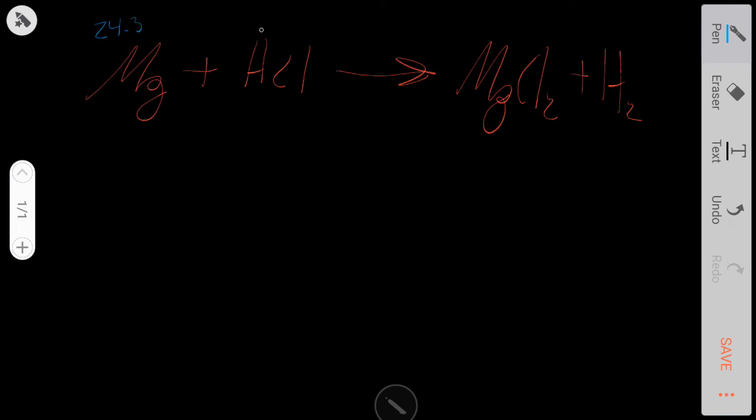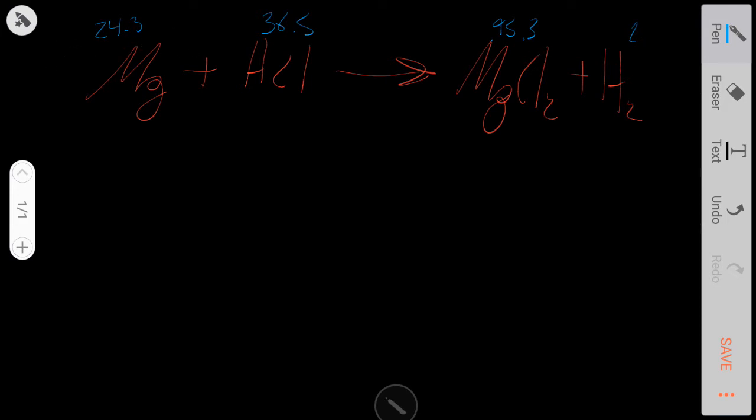HCl, H is 1, and Cl, chlorine, is 35.45. So that'll give me 36.5 grams per mole. Here, Cl2 is going to be 71 plus Mg, which is that 24.3. Those will come together to make 95.3. And H2 is simply 2 grams per mole.